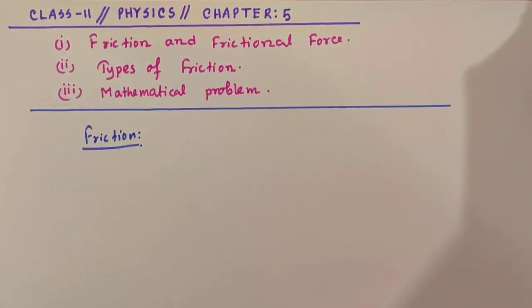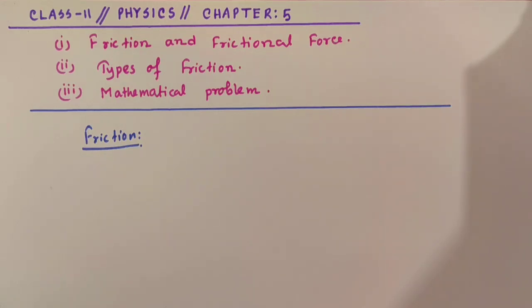So what is friction? Listen carefully. When a body moves or tends to move over the surface of another body, a force comes into play which acts parallel to the surface of contact and opposes the relative motion.